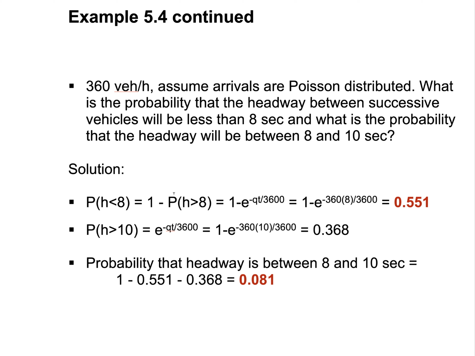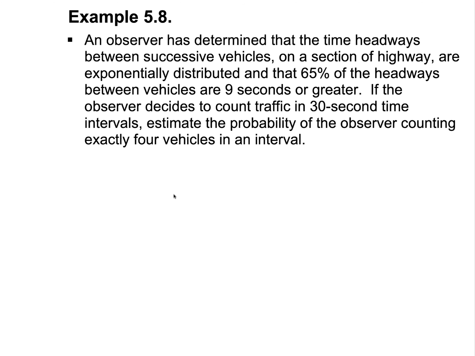And for the second part of the question, we also need to calculate the probability that h is greater than 10, and that's 0.368. So the probability that the headway is between 8 and 10 is 1 minus 0.551 minus 0.368, or 0.081. So that's a little bit of an exercise with the Poisson distribution.